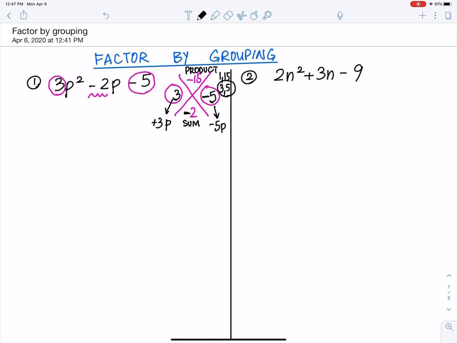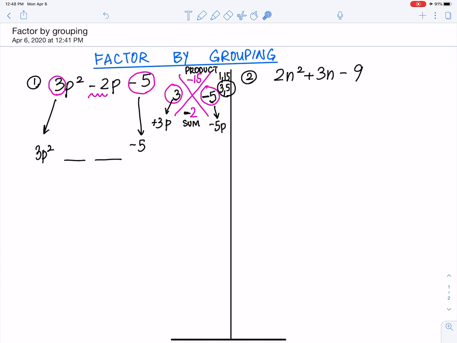So here, when you're dealing with factoring by grouping, we're going to rewrite the expression: first term first, last term last, and then space, space. So how do you know which of these you put in these spaces?